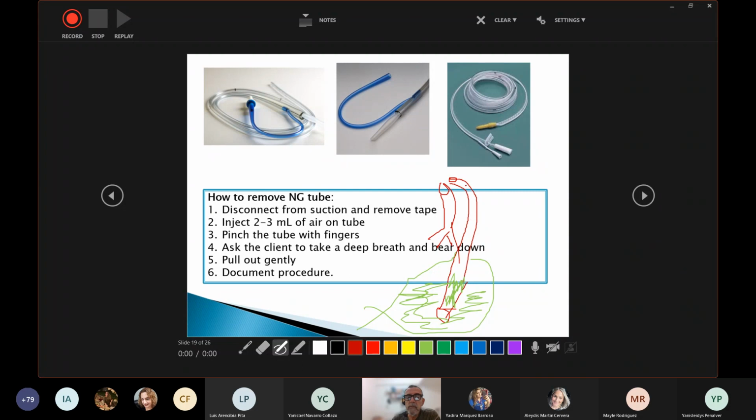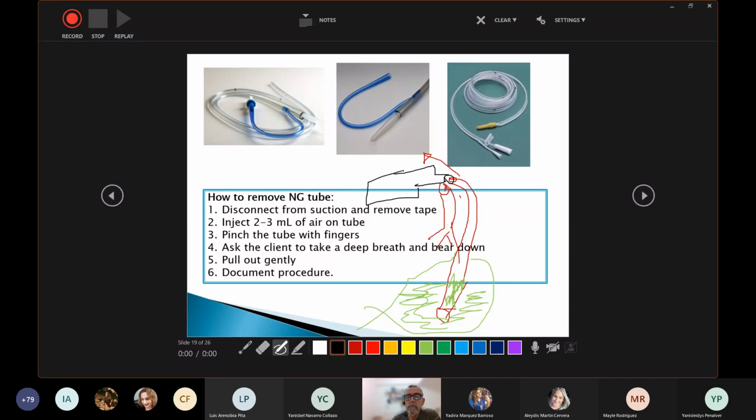When you remove the tube, there is a risk of this liquid dripping in front of the trachea and causing aspiration. For that reason, you are going to take a syringe and connect it to the tube.